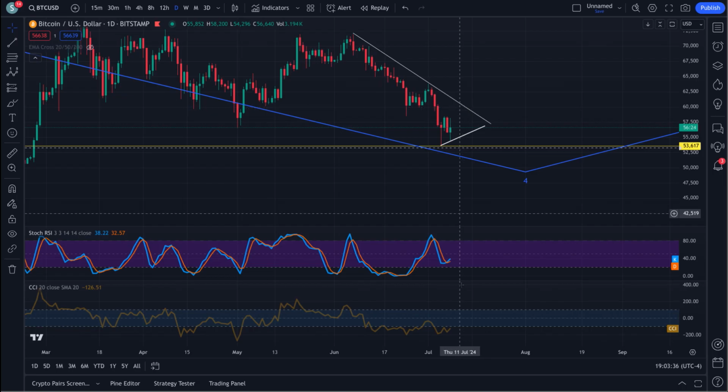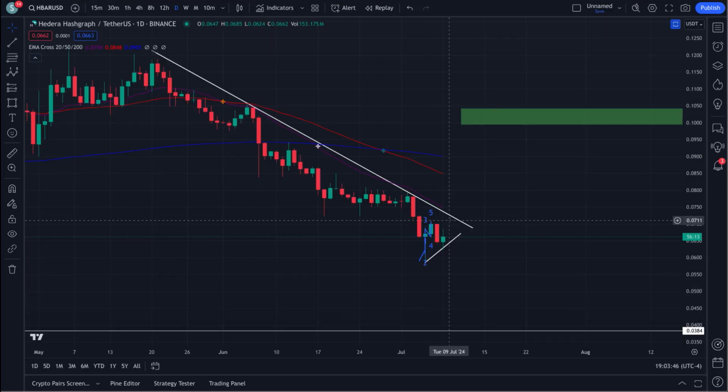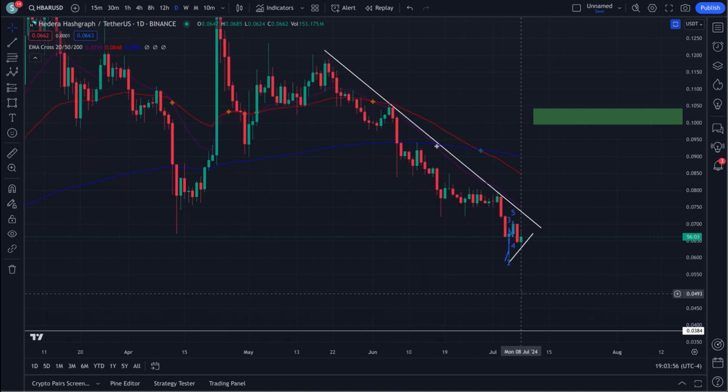Right in this area, the RSI is low enough to do it down here, so maybe a push back up towards that 60. Then we see what happens right there. That would tell a lot. Same with HBAR. Maybe a push back up towards that 7 cent area. Then we see what happens there with this thing. That would tell a big story here.